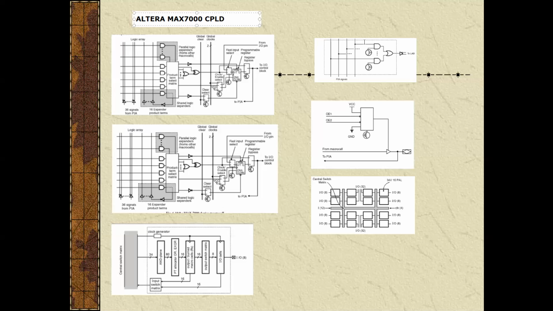This figure shows the programmable interconnect array signals routed into the logic array block. Then the double EEPROM cell controls one input to two input AND gates and selects the programmable interconnect array signal to drive into the logic array blocks.